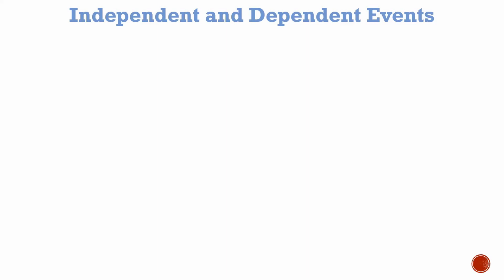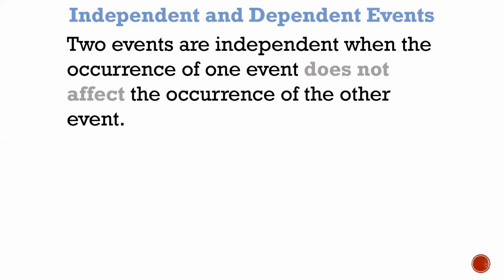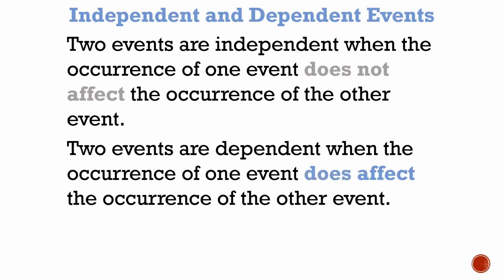Being tall is independent of being a good chess player. Being tall does not hurt your ability to play chess or help it. So that's an idea of independent events. Two events are independent if the occurrence or non-occurrence of one does not affect the occurrence or non-occurrence of the other one. Two events are dependent if they do affect each other.